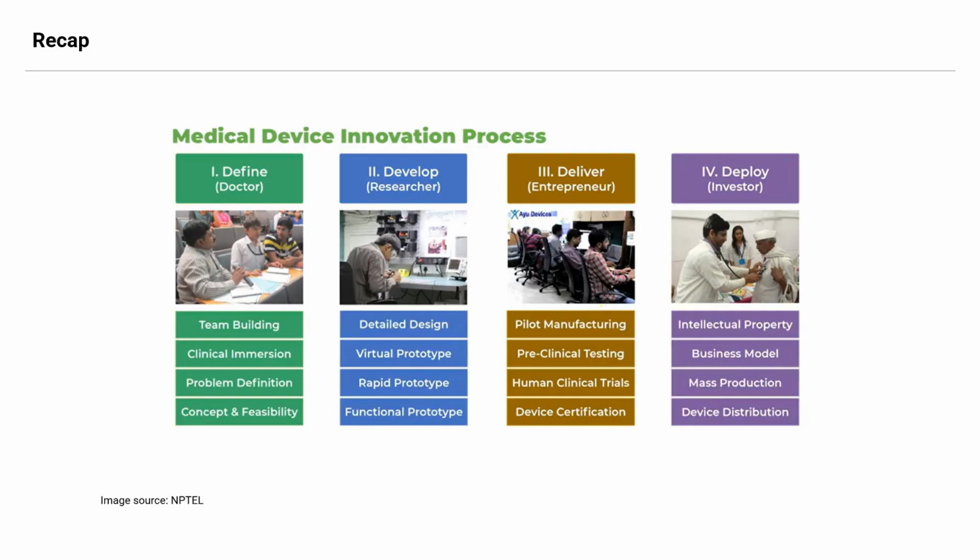If you see here, the define stage is where, in this particular smart stethoscope, it was the doctor who defined the problem. The researchers and software engineers worked upon it and developed the product. So detailed design, visual prototype, rapid prototype, functional prototype, this is where you develop the prototype.